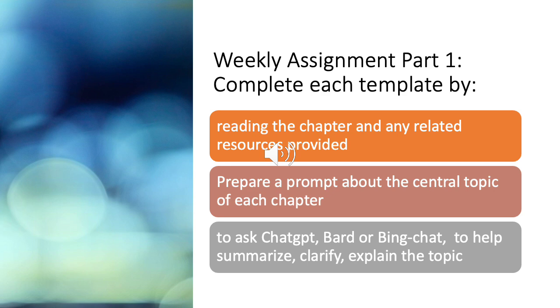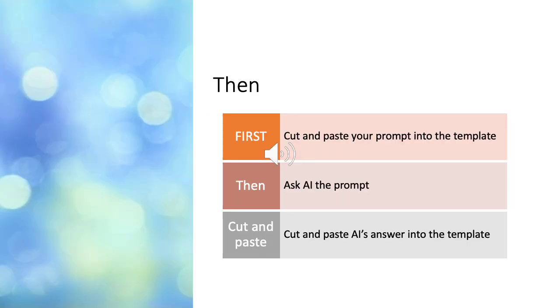Then prepare a prompt about the central topic of the chapter, to ask ChatGPT, Bard, or Bing Chat to help summarize, clarify, or explain the topic. Then, cut and paste your prompt into the template, ask AI the prompt, and cut and paste AI's answer into the template.